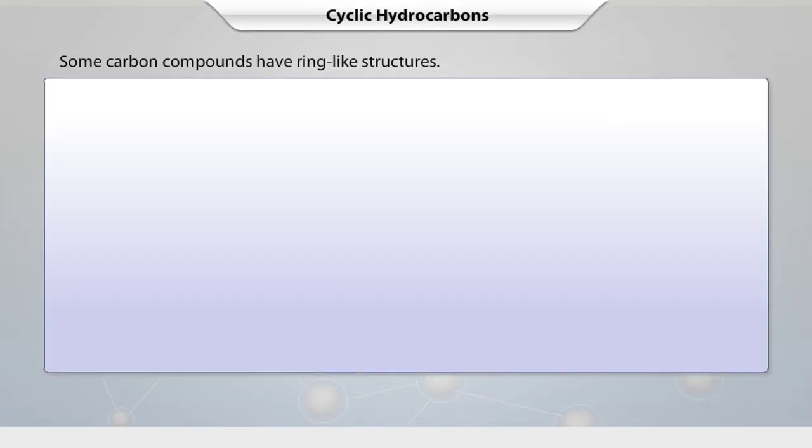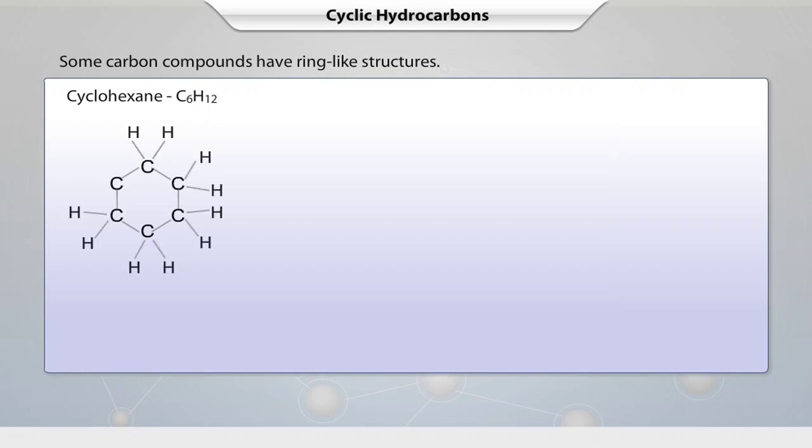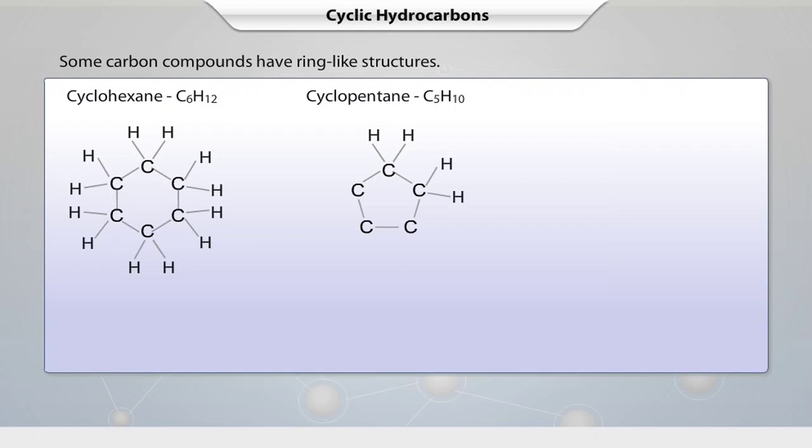For example, cyclohexane is a saturated hydrocarbon with the carbon atoms arranged in a hexagonal ring. Similarly, cyclopentane has carbon atoms arranged in a pentagon-shaped ring.